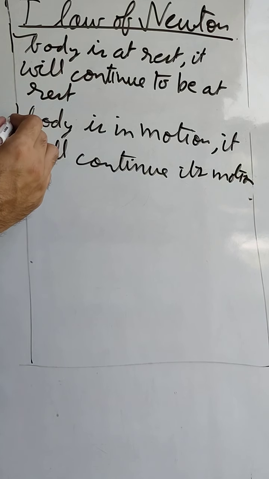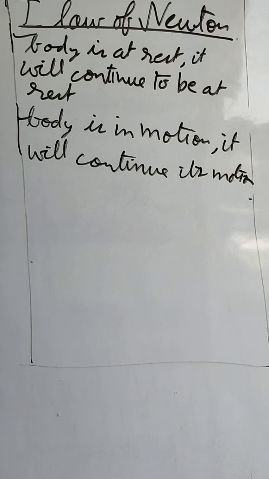Now both these cases are for infinite time. That is, if I say that a body is at rest, then it will continue to be at rest for an infinite length of time. Or if the body is in motion, it will continue to move for an infinite amount of time.